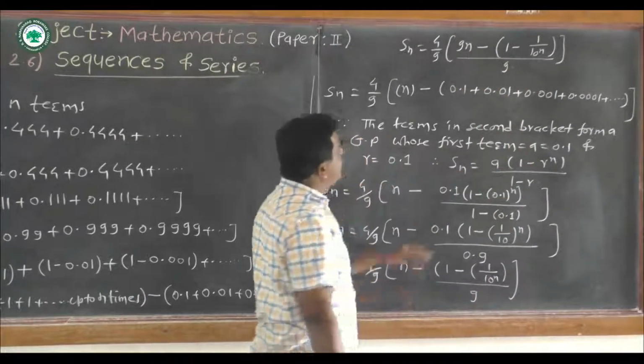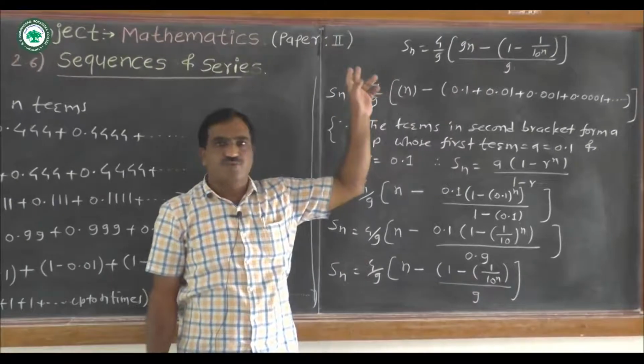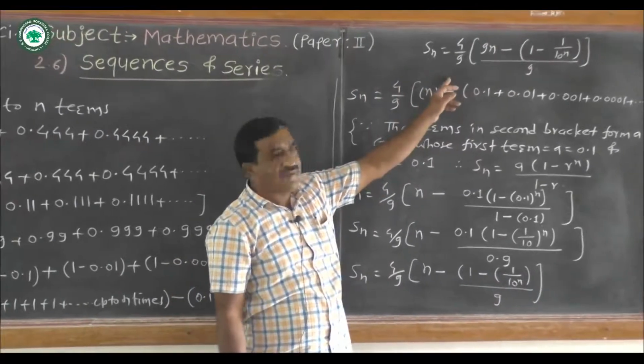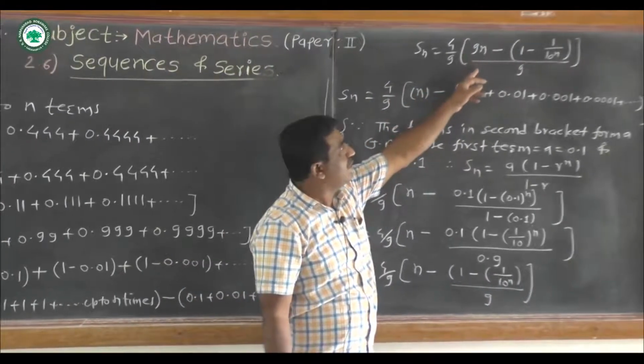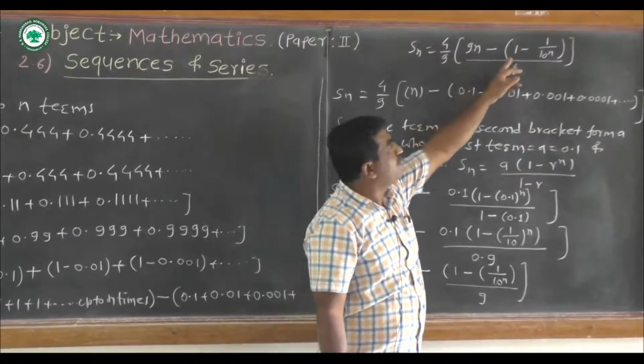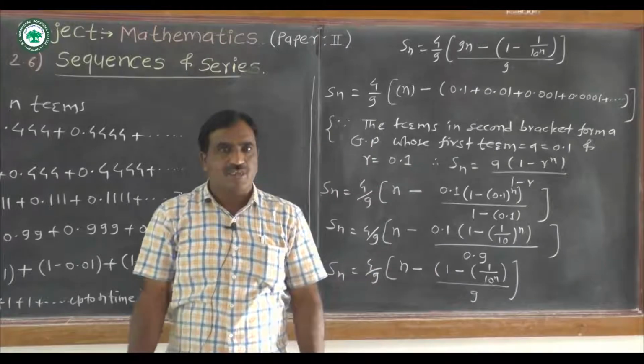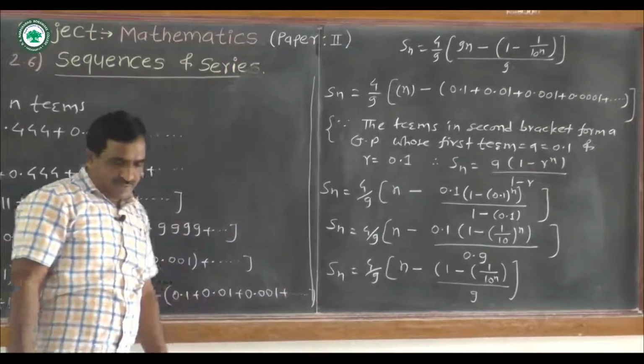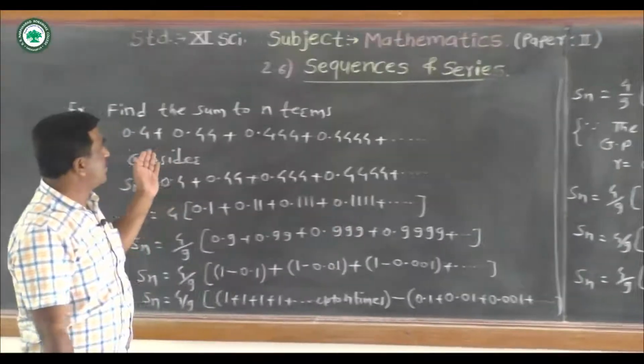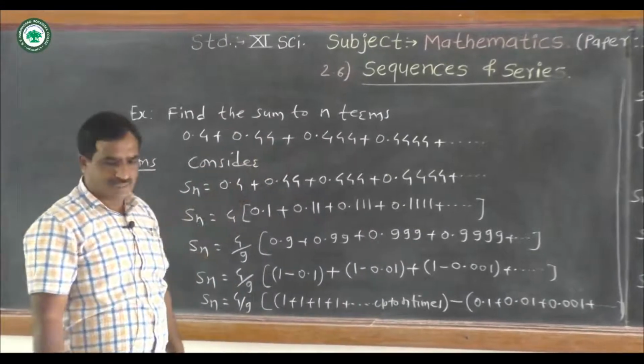Now finally we get this 9 into 9 is 81, that is Sn is equal to 4 upon 81 into, in bracket, 9n minus, in open bracket, 1 minus 1 upon 10 raised to n. This is the sum of the given terms, sum of the first n terms.